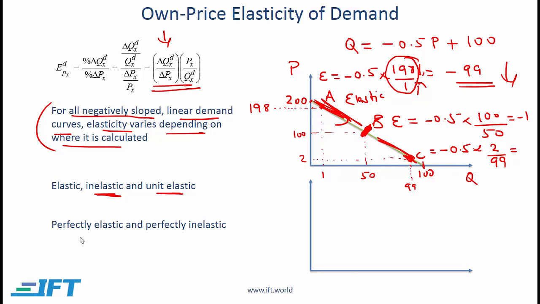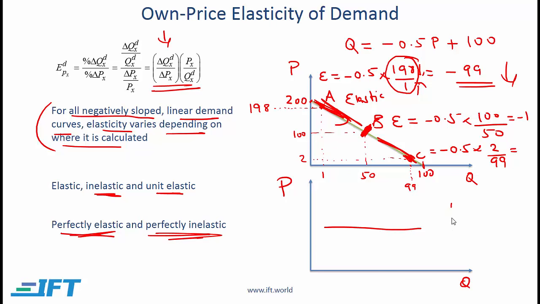You also need to understand the concept of a perfectly elastic demand curve and a perfectly inelastic demand curve. So if we have price over here, quantity over here, a perfectly elastic demand curve is horizontal. So notice that a very small change in price over here has a huge impact on the quantity.